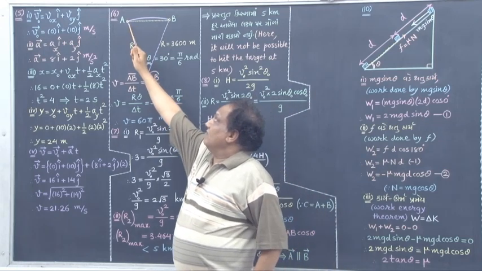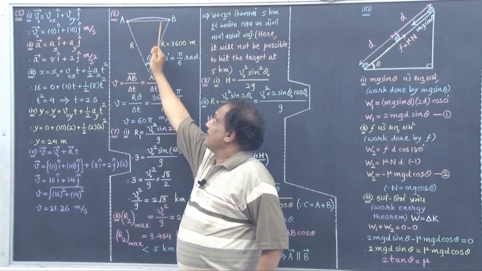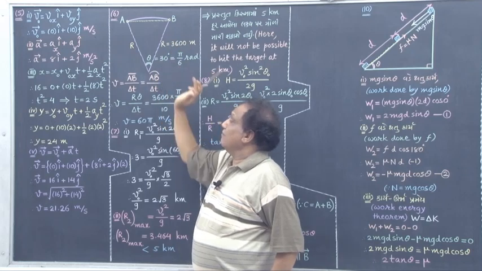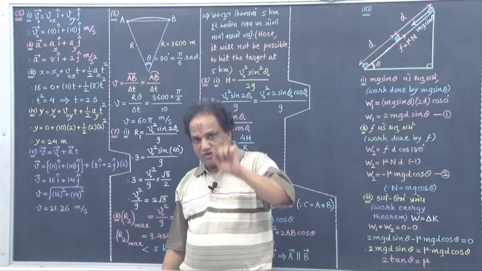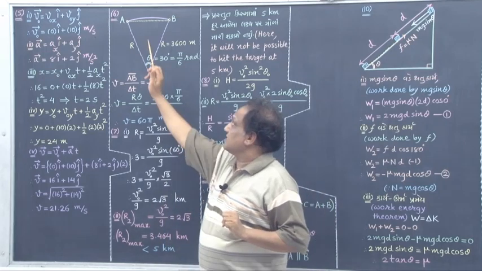In the statement, we are given that one aeroplane is flying at the height of 3600 meter.